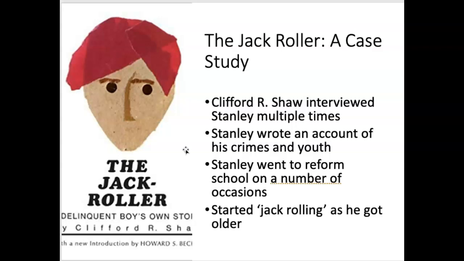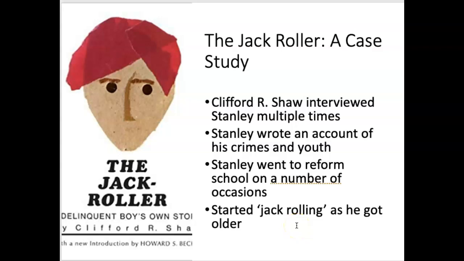And Stanley wrote a lot about his own life of crime. He got involved in crime at a very early age. He had a very distressing childhood with a broken home and all kinds of violence. What Shaw wanted to find out was how he slipped into crime as a young man, and in particular his life as a jack roller.